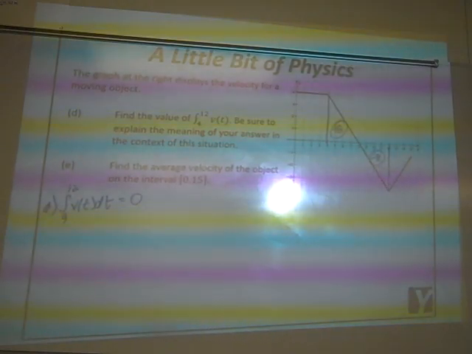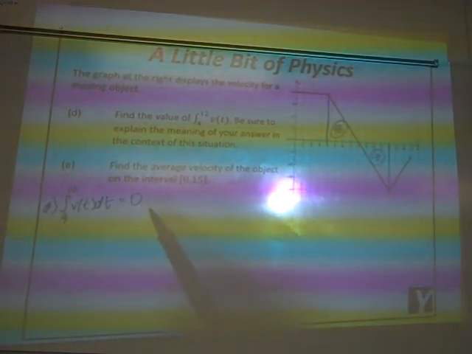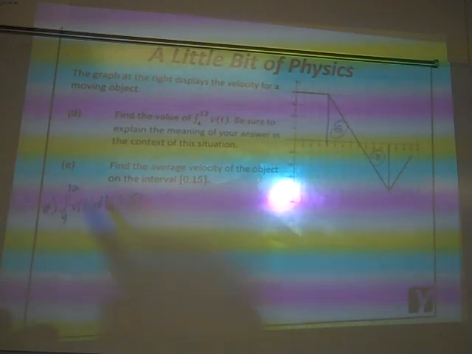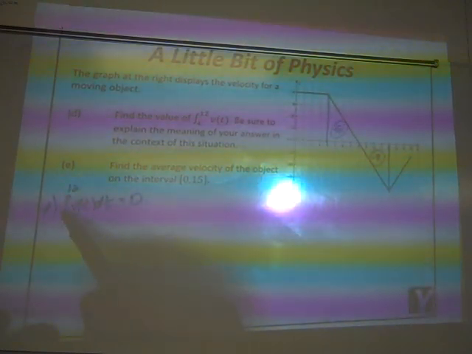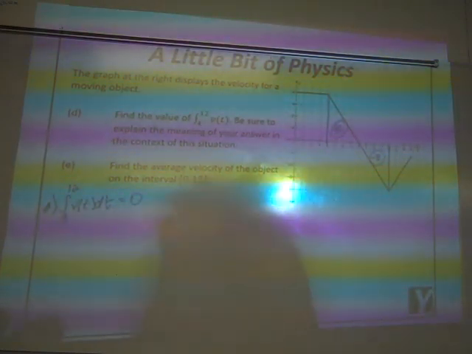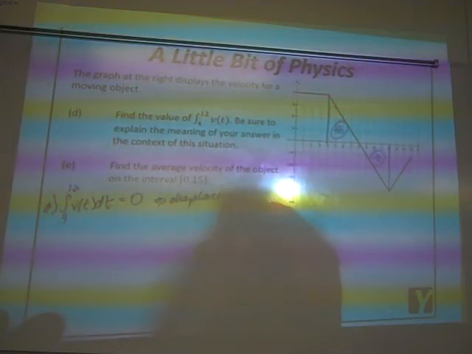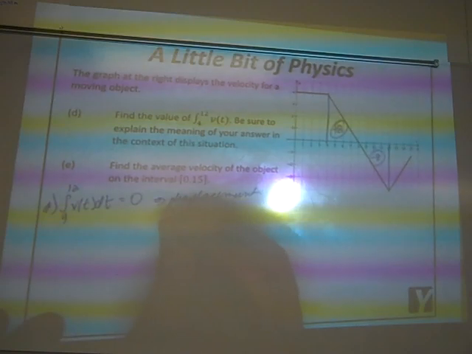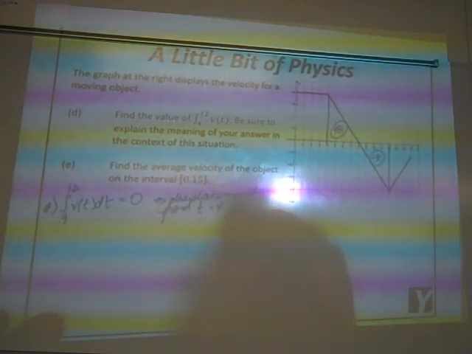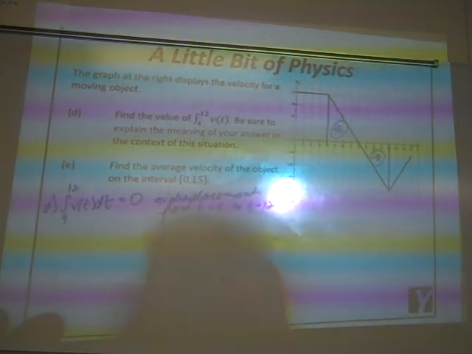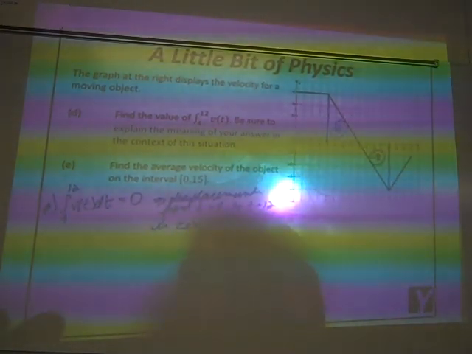So coming up with the numerical answer is great, but now we need to explain that. Because we found the integral of the velocity from 4 to 12, this means that my displacement from t equals 4 to t equals 12 is 0.